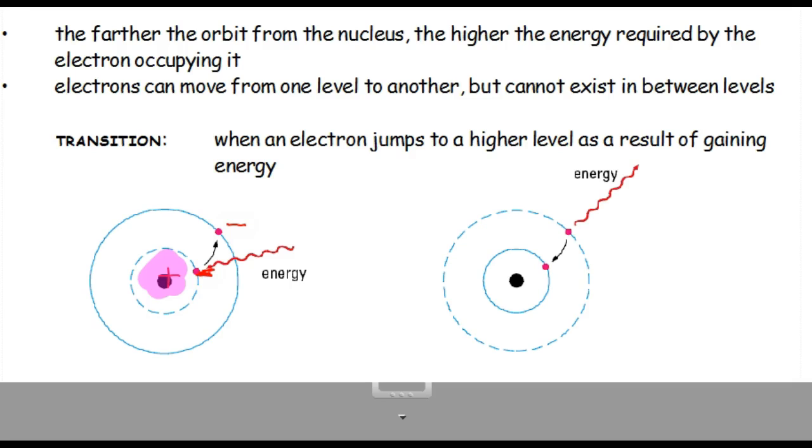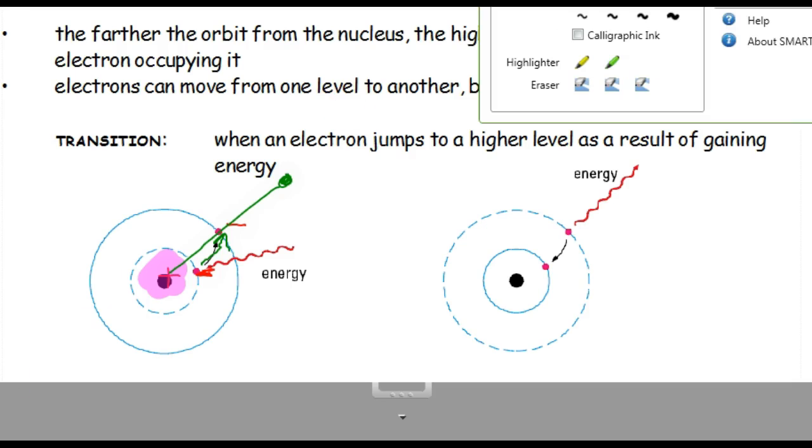The only way that you could possibly move away from that nucleus is to have energy. It takes a lot more energy to move away from that positive pull of the nucleus. So it stands to reason then that if you have an electron way out here away from the nucleus, it's going to have gained a lot of energy and would have to possess a lot of energy to exist out there. So give yourself a round of applause if you were correct with that.